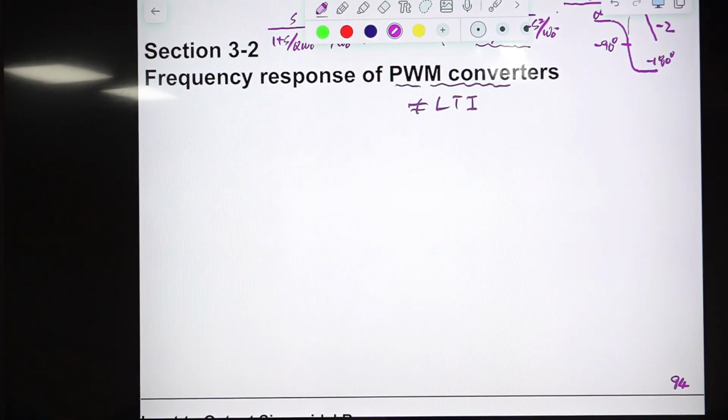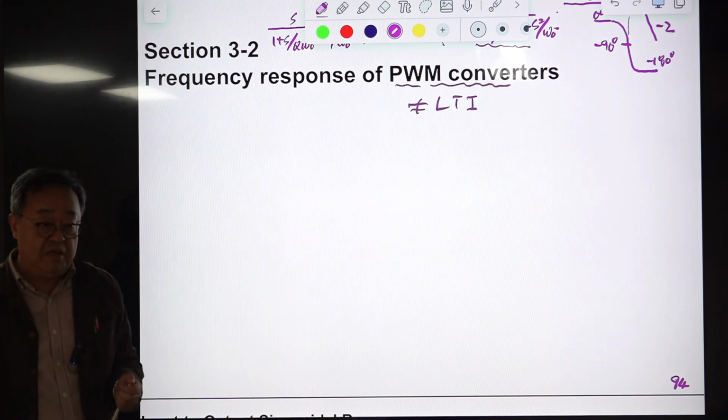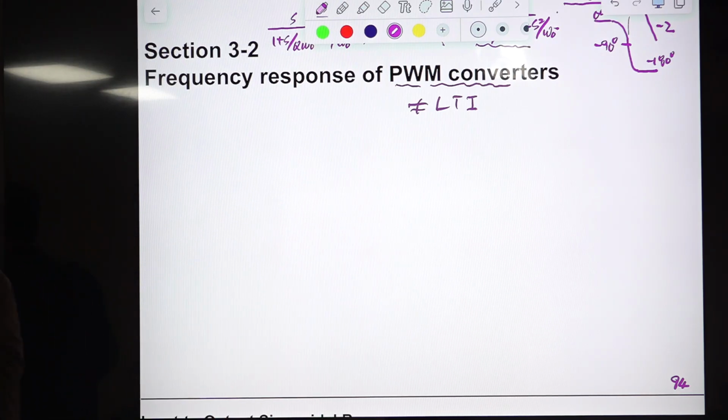In particular, we focus on how to extend the idea of the linear time invariant system, particularly the frequency response, to these non-linear time varying PWM converters. What are the benefits of doing that, what is the implication, and what is the limitation resulting from the non-linearity and time variance of the PWM converter? All of them are discussed.